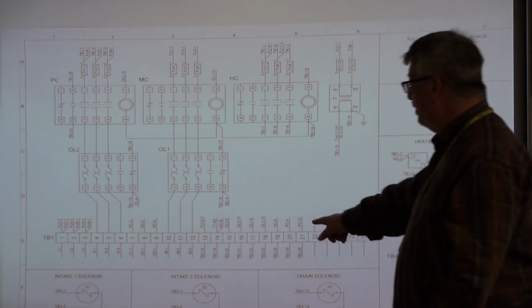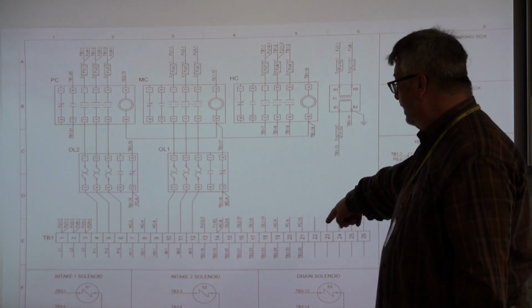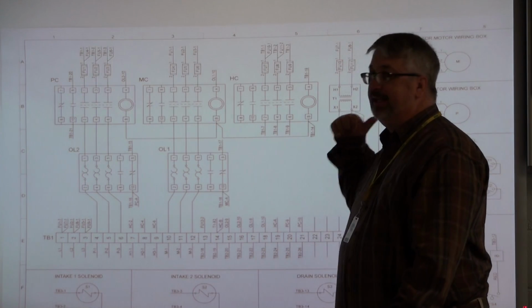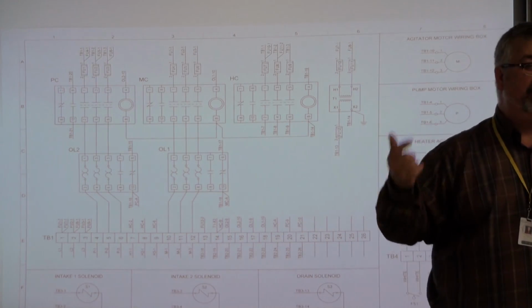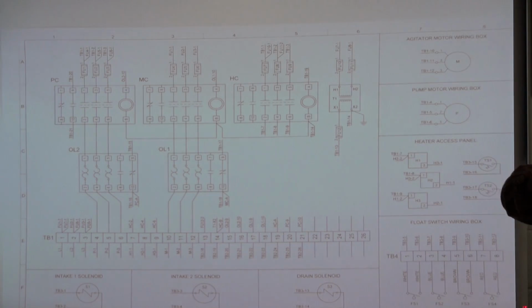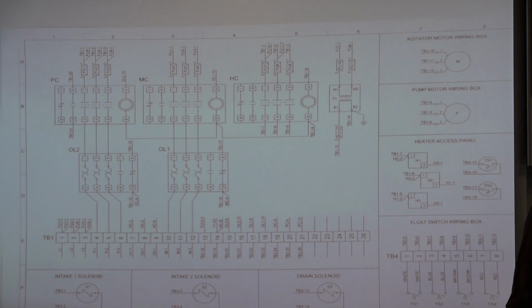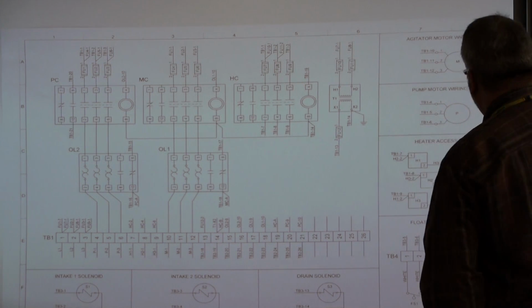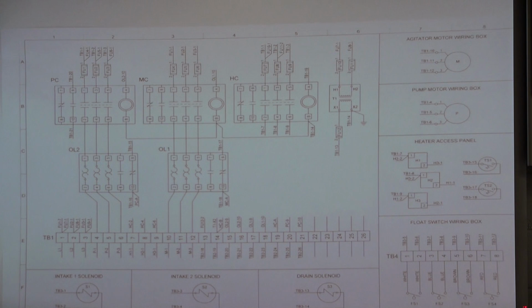So all these little things are junctions. It's where one wire transitions from one place to another place. And rather than tying them together and putting wire nuts on, which is really a good thing in a high vibration environment anyway, we use terminal blocks. And that also aids in the troubleshooting process.